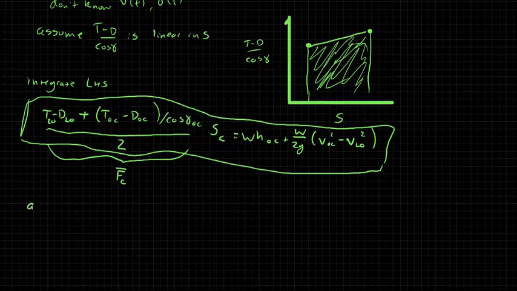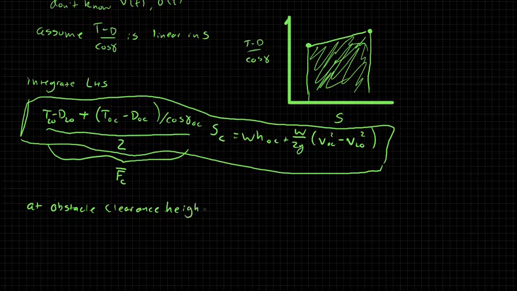So at the obstacle clearance height, we want to now be at a constant climb angle. So we want gamma OC to be constant.